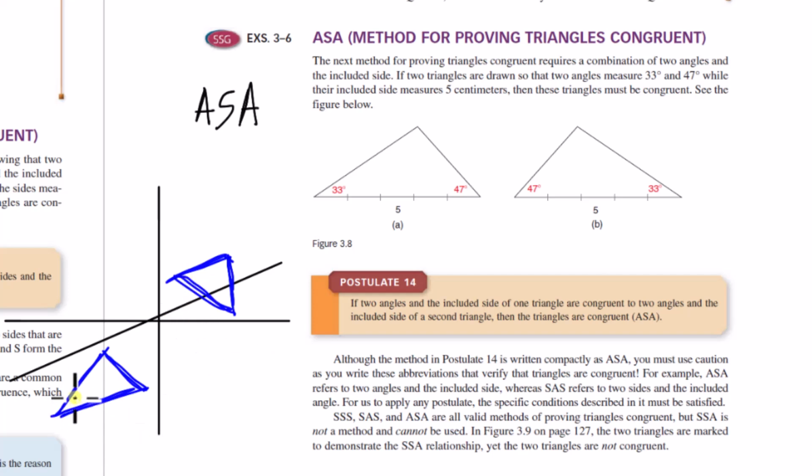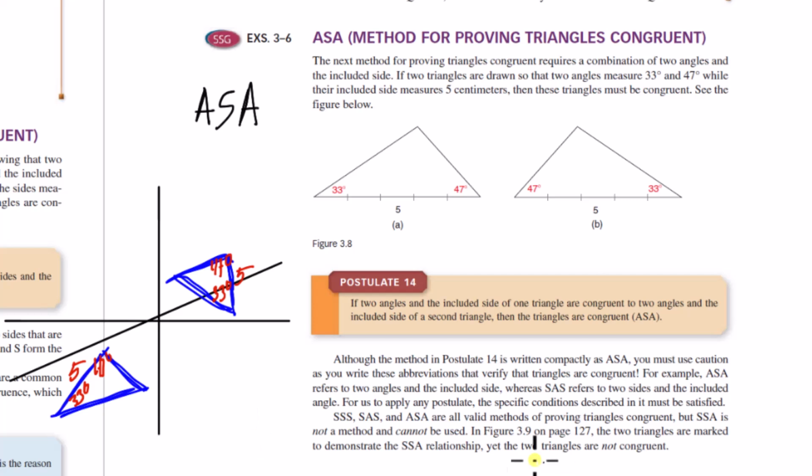If you measured this angle and got 33 degrees, then you came here and measured this angle and also got 33 degrees. Then you started measuring other angles, and this angle was 47 degrees, and this angle was 47 degrees. And then you measured this side length and got 5 centimeters, or whatever the units are, and then measured this side length and got the same measure. Then these two triangles are the exact same triangle. They're just oriented differently. You've proven it by angle, side, angle.